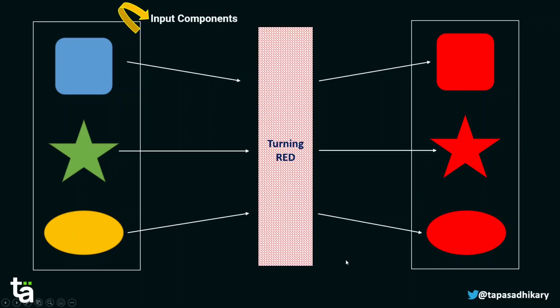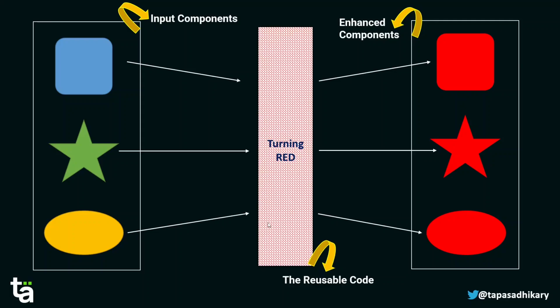The left side ones we'll call the input components for now, and the right side pieces we'll name the output or enhanced components. And this is the reusable code that we spoke about. So in React terms, these are the components, and in between there is some reusable code. The reusable code can wrap these input components to create an enhanced component.